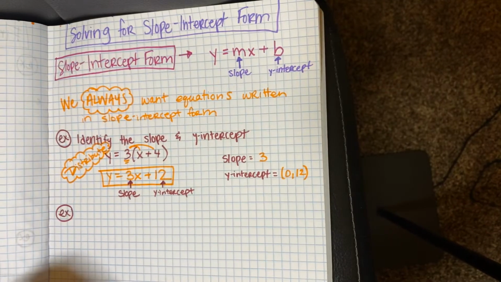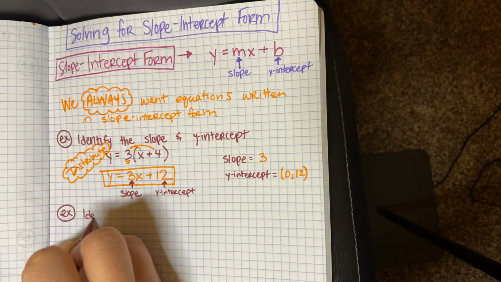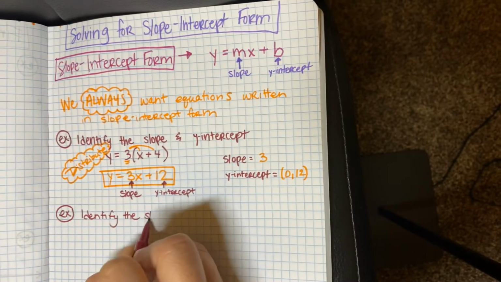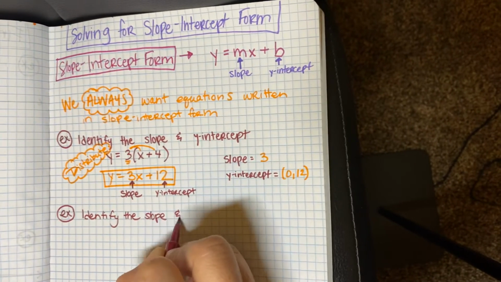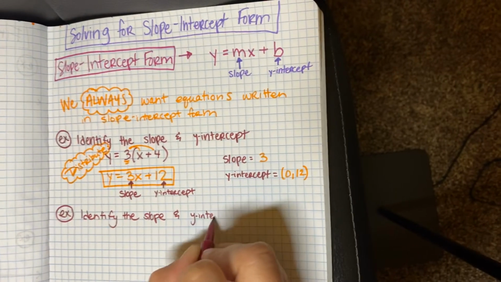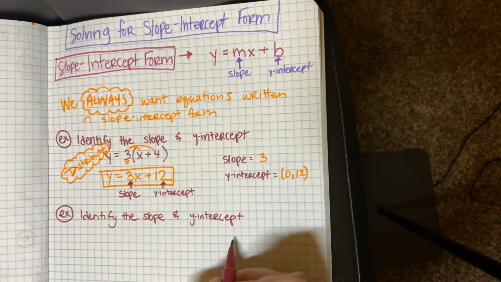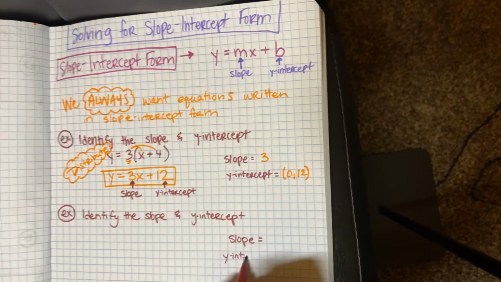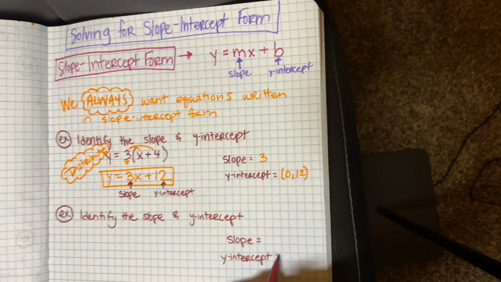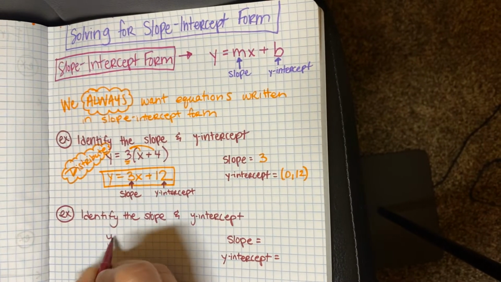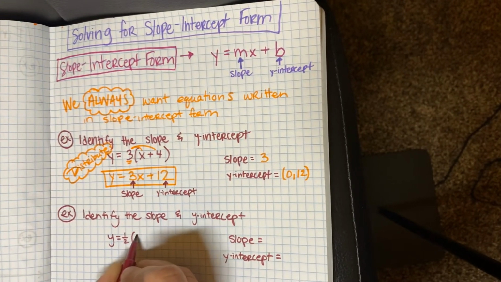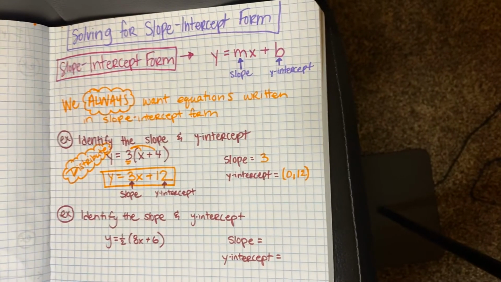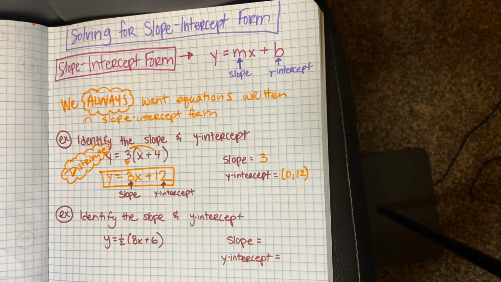And it's going to be the same thing, identify the slope and the y-intercept. So we have y equals 1/2 times 8x plus 6.